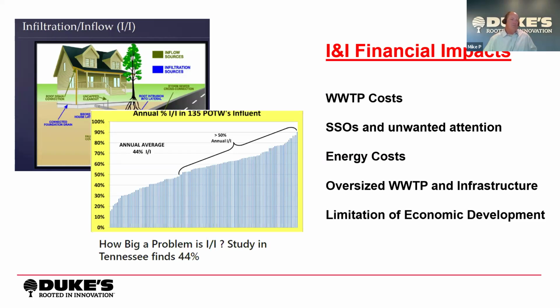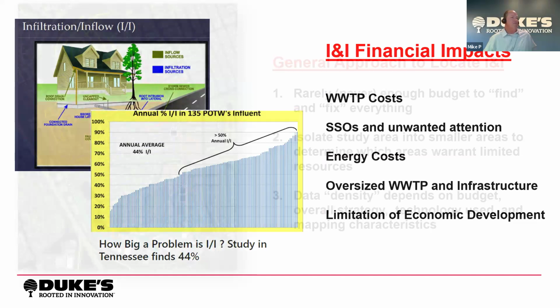Energy cost in pumping extra water, and then oversized wastewater treatment plant and all the collection system infrastructure, larger pumps, larger pipes. And then last but not least, hopefully not for anyone on this call, I&I can max out a system and then therefore potentially limit any future economic development, which of course nobody wants to be a part of, but it certainly is around.